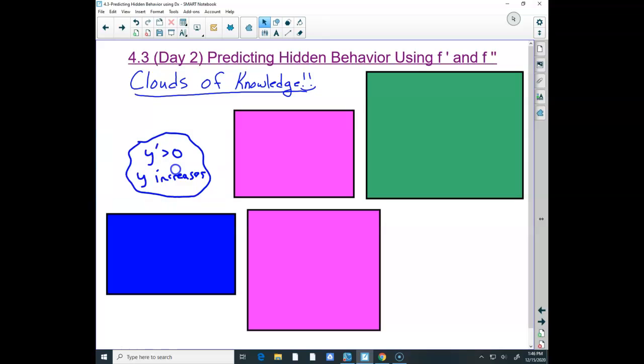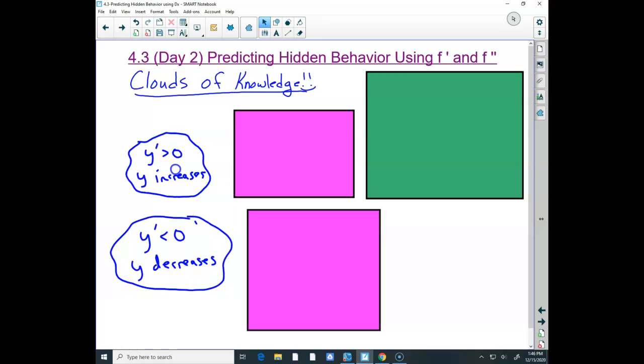First one. We know if y prime is greater than 0, we know the original function y increases, meaning the graph goes up from left to right. We also know that if y prime is less than 0, we know y decreases, meaning from left to right, it goes down.